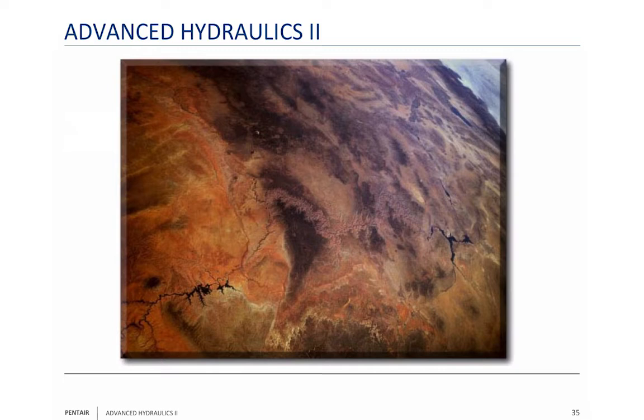So this is a picture of the western United States taken from the Space Shuttle Columbia. This area right here is known as Lake Powell. It's in southern Utah. Okay? Lake Powell has the headwaters for the Colorado River, which runs through the Grand Canyon. Remember, once I build the dam, I now have Lake Mead.